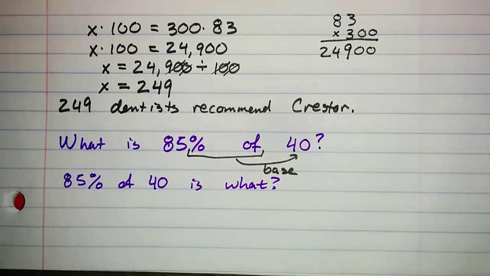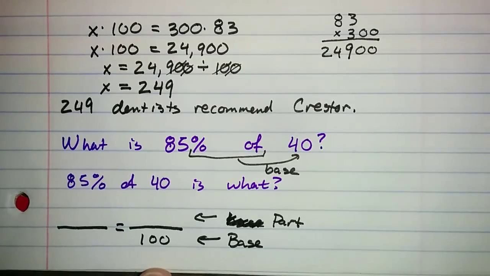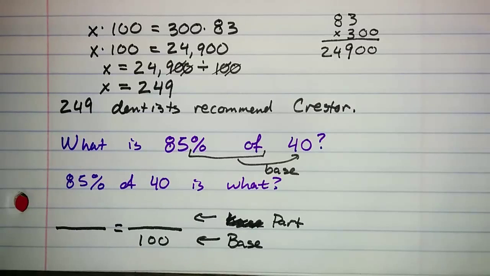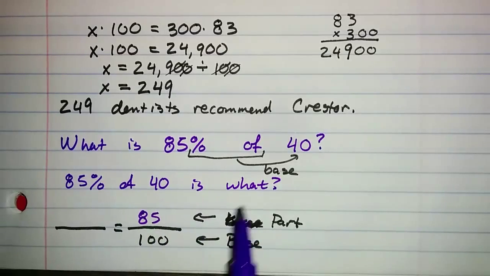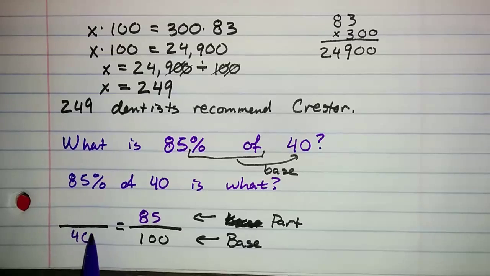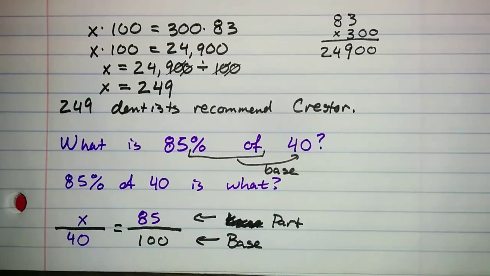So we will always set up the same proportion, always part over base, and the base of the percent is always 100. In this problem, the percent is 85, the base is 40, and the part is unknown. So we'll cross multiply.